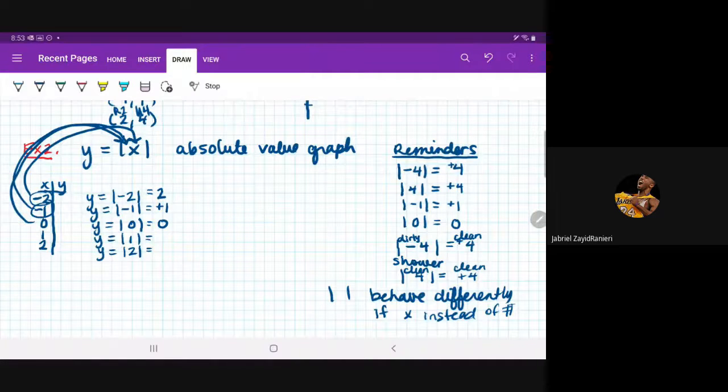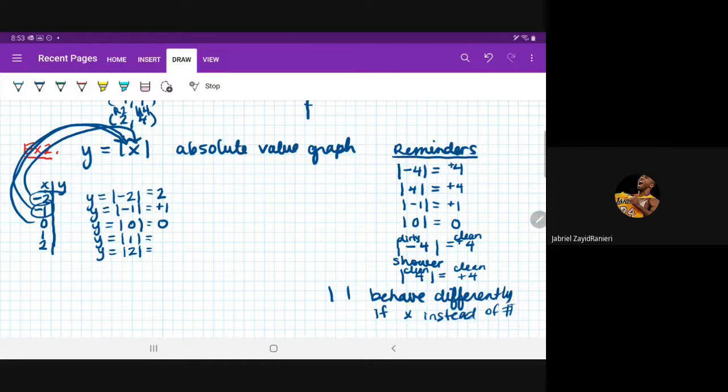You would think so, right? Look over here at the right where it says shower. Okay, so if you go into the shower clean, which is positive, when you step out of the shower, it's still clean. So the absolute value doesn't mean to change the sign. It means make your answer positive.